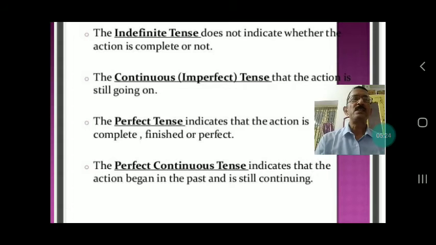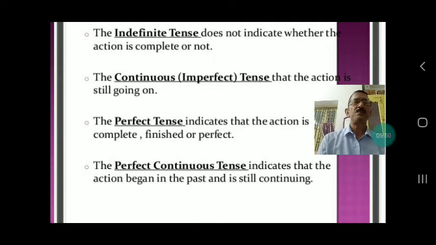The indefinite tense does not indicate whether the action is complete or not, but the continuous or imperfect or progressive tense shows the action is still going on or in progress, whether it is in present, past or future.